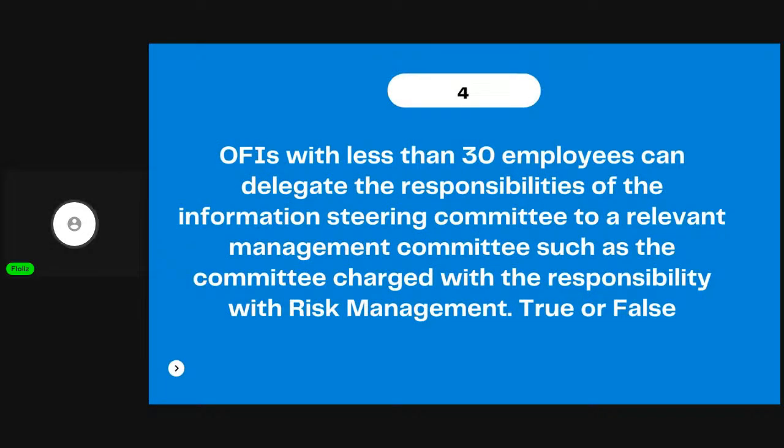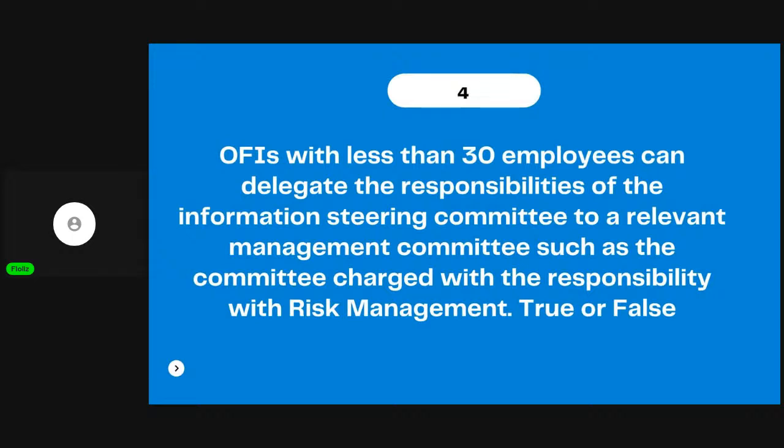So OFIs with less than 30 employees can delegate the responsibilities of the Information Security Steering Committee to a relevant management committee, such as the committee charged with the responsibility for risk management. True or false? So can OFIs with less than 30 employees delegate the responsibilities of the ISSC to the risk management committee?